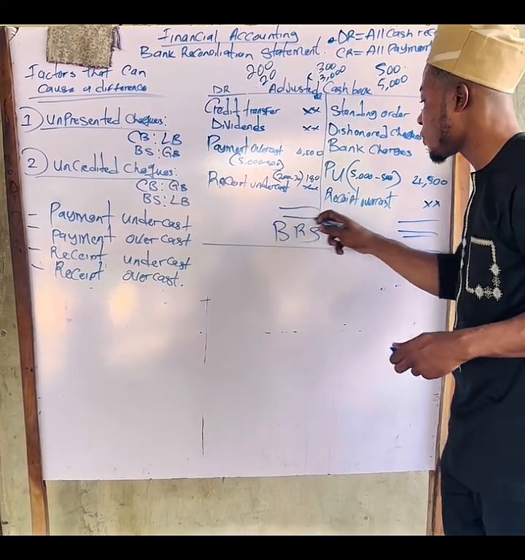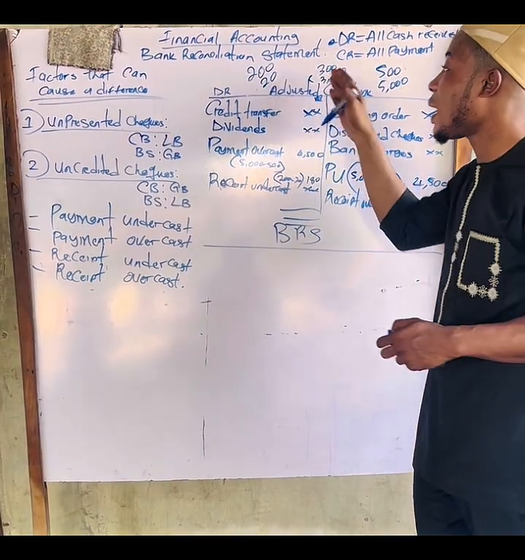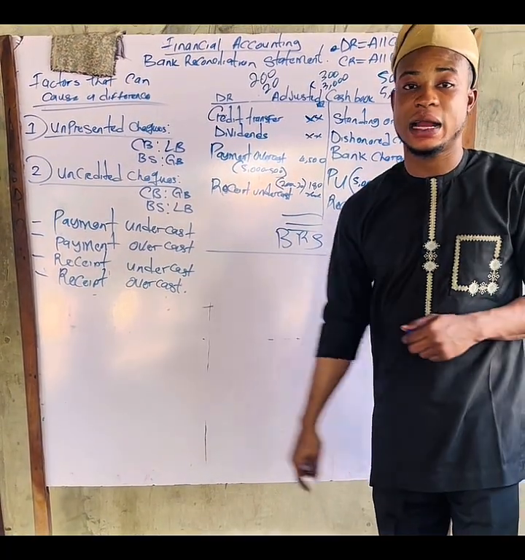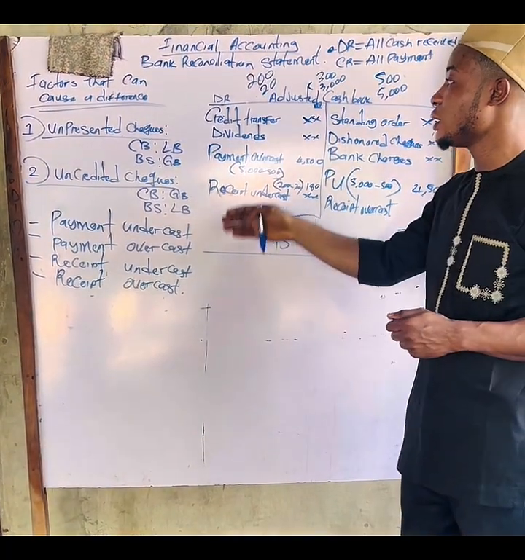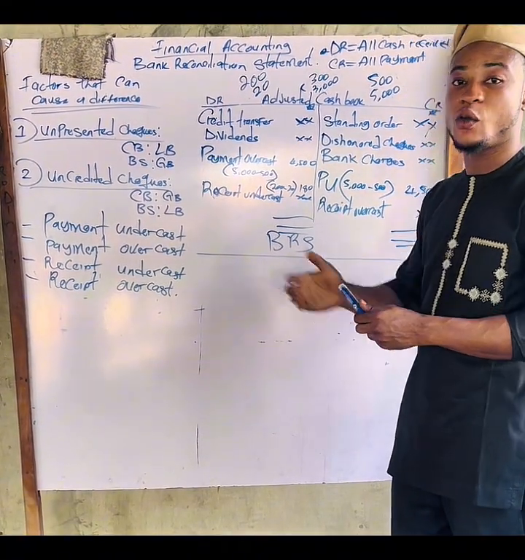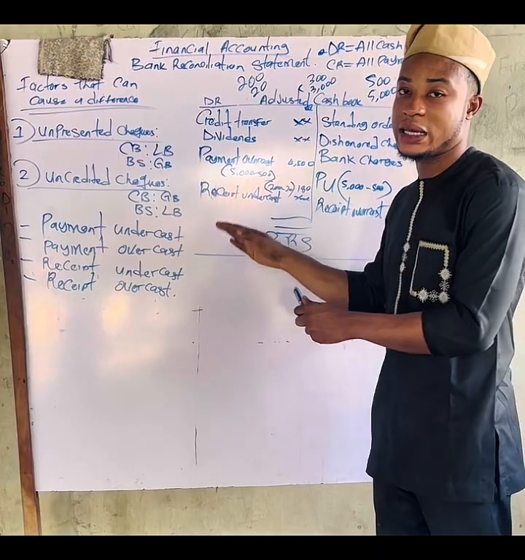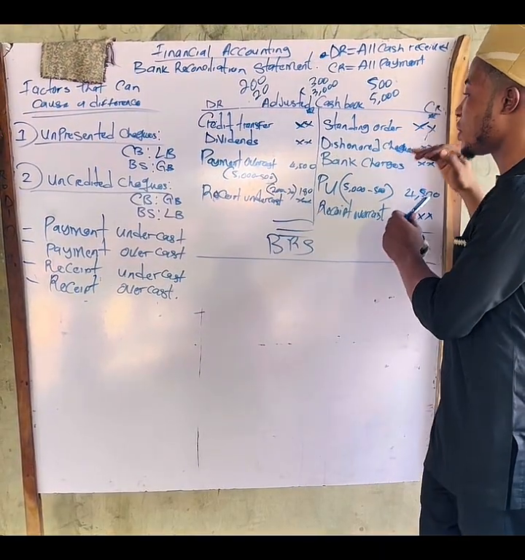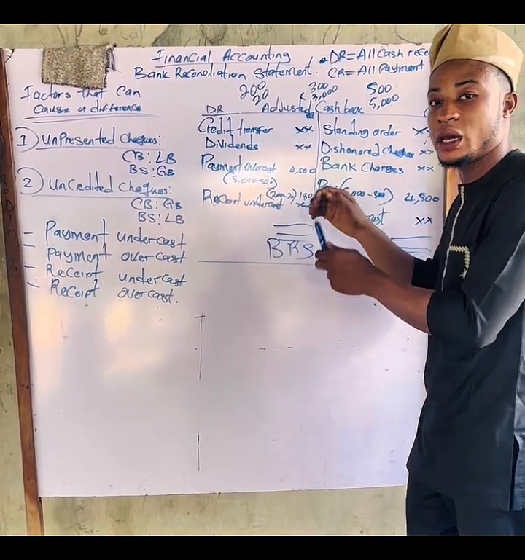We know that the cash book is expected to have a debit balance, because this is where we receive money. This side represents the side where, when money is being received, we record it. And the credit side represents the side where, when payment is being made, we record it.